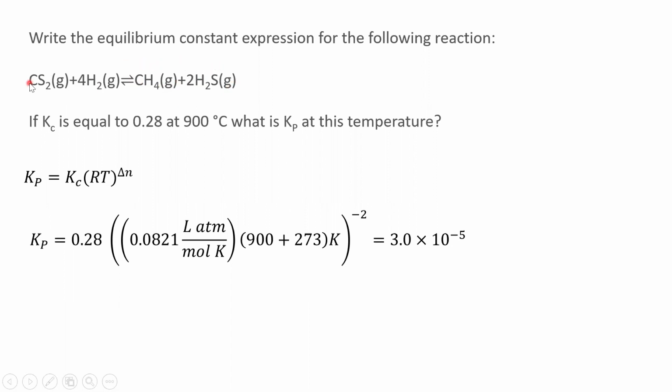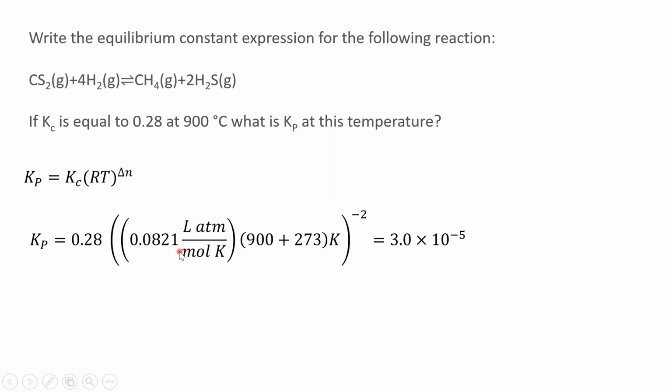We've got 1 mole of gas here and 4 moles of gas here. So we've got 5 moles of gas on the reactant side. So 3 minus 5 is what we use to get delta N. So 3 minus 5 is minus 2.